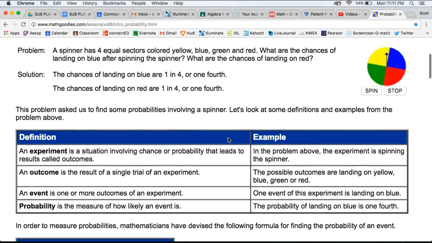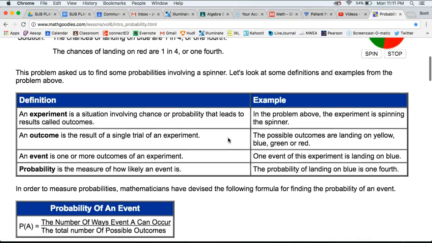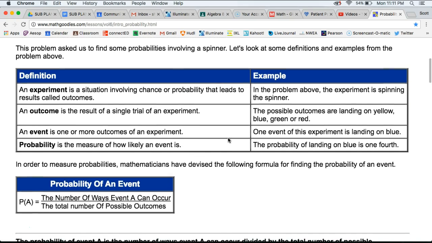So I would strongly recommend writing these down in your red notebook so that you have them. An experiment is a situation involving probability that leads to outcomes. We cut some of the words out to simplify our definition a little bit.